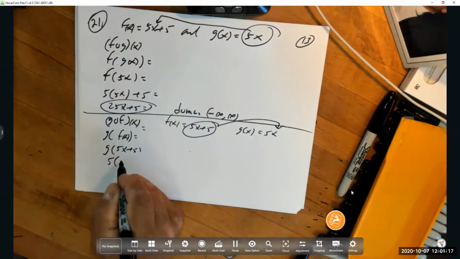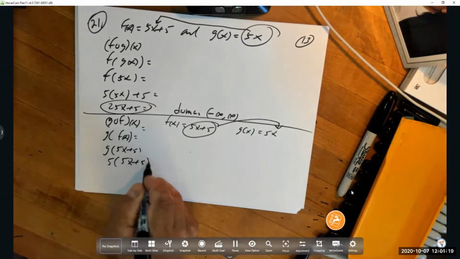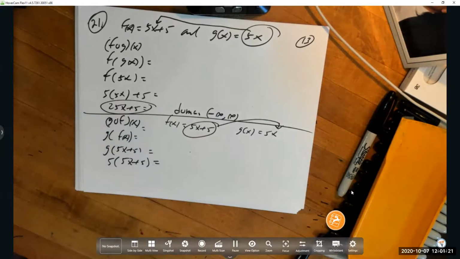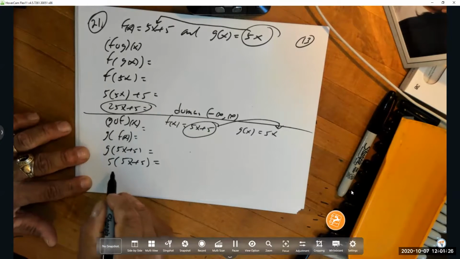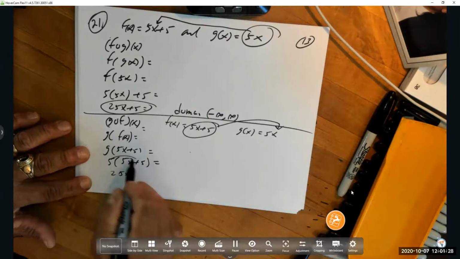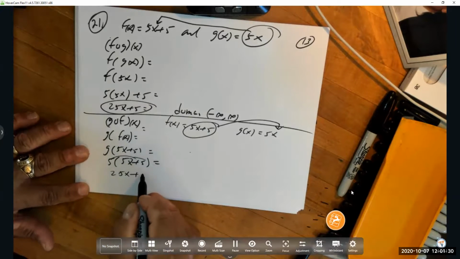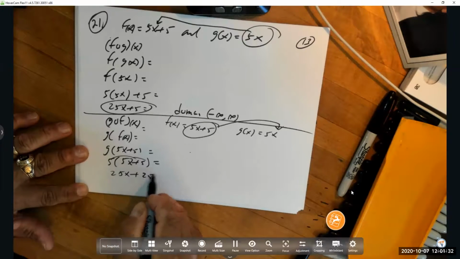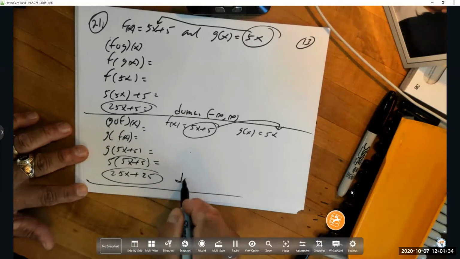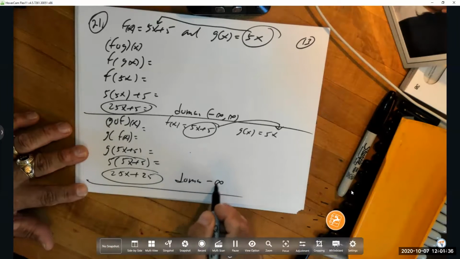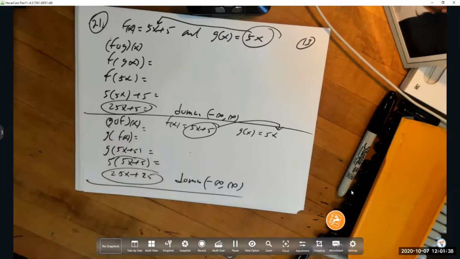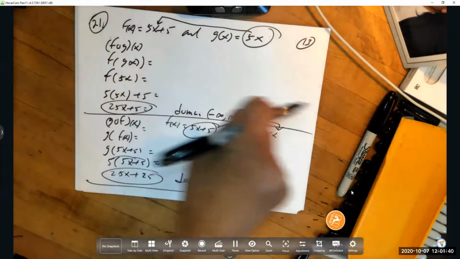So 5 times 5x plus 5. Like that. So ready? What's 5 times 5? 25. 5x. And 5 times just 5? 25. Oh, so there it is. And the domain of this thing is minus infinity to infinity. That's all it is. Just put that one and the other one. That's all you do.